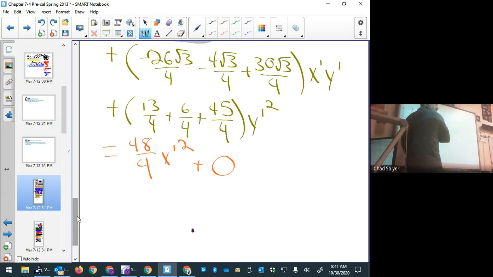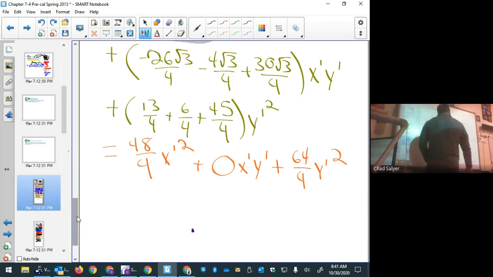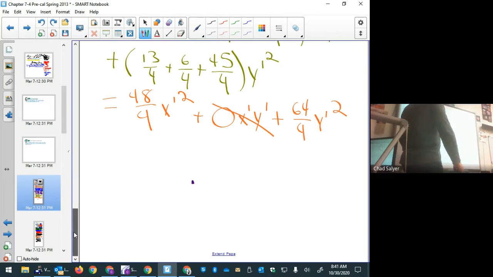Oh yeah, look at that. That x prime y prime term is gone. And then here, 13 plus 6 is 19, plus 45 is 64 over 4 y prime squared.